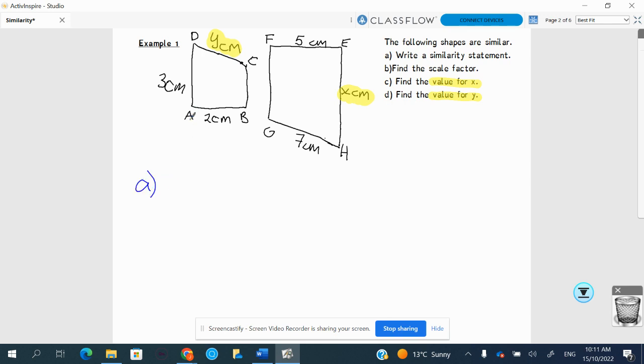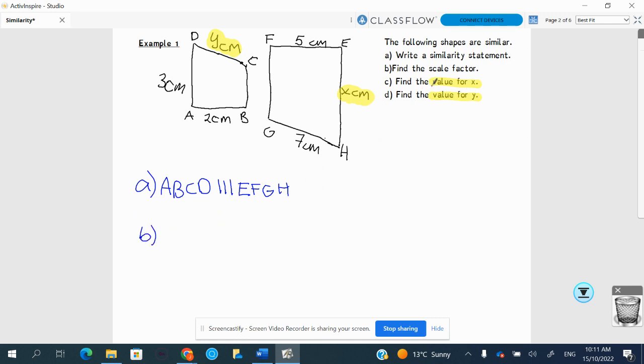ABCD, this first shape is similar to, 3 vertical lines, EFGH. Right, and that's it for that first one.